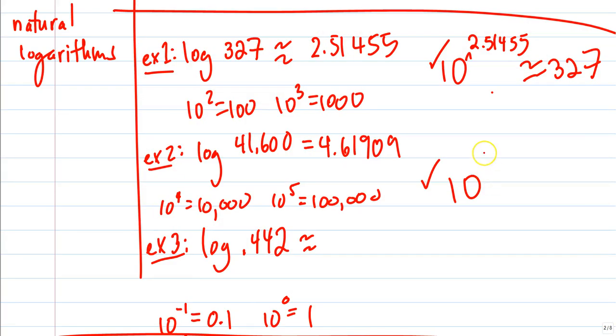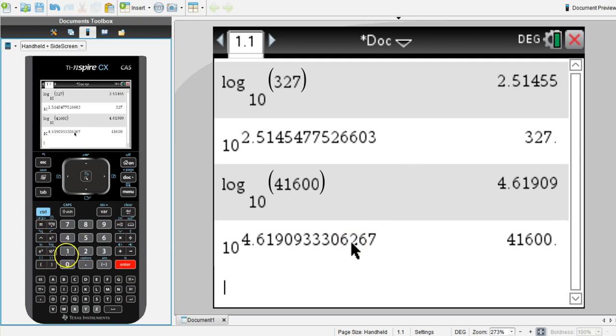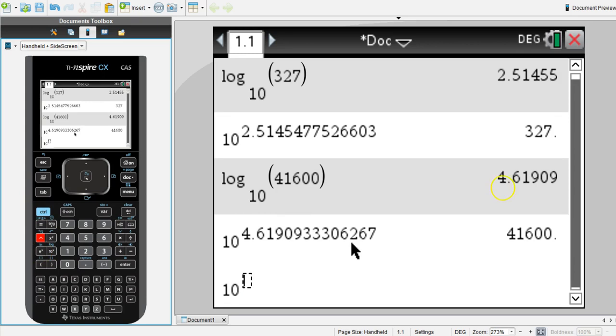10 to the 4.61909 should approximately be, let's see, 10 to the answer. Some of you, your calculator's not going to keep the answer, so you're going to do 10 to the, and just put in how far we have, 4.61909.